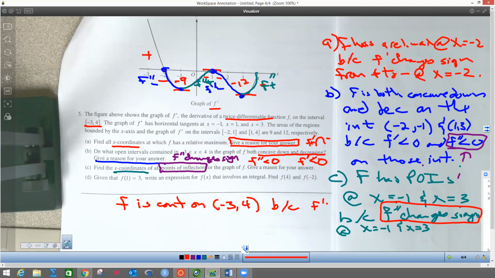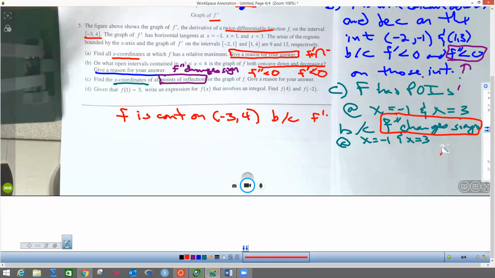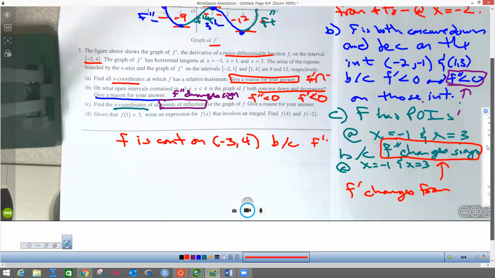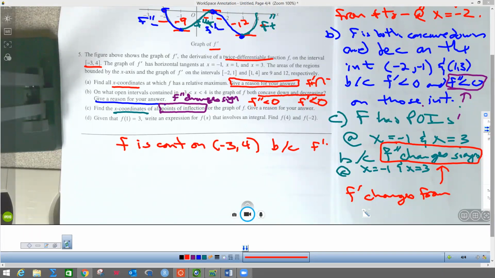So another way that they like you to write this part is to say that F prime changes, I've got to look back up here, from decreasing to increasing at x equals -1 and increasing to decreasing at x equals 3.